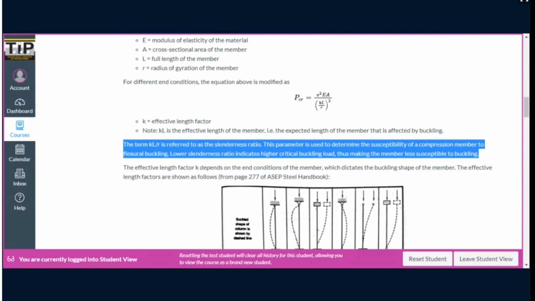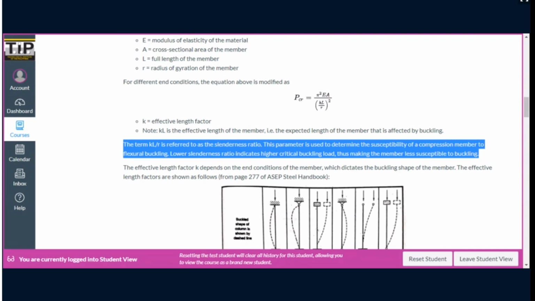So if the slenderness ratio is very low, meaning the load that you can apply for it to buckle is very high. Tama? So lower slenderness ratio indicates higher critical buckling load, thus making the member less susceptible to buckling.